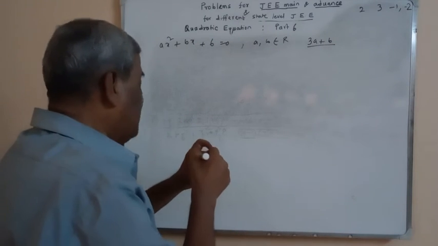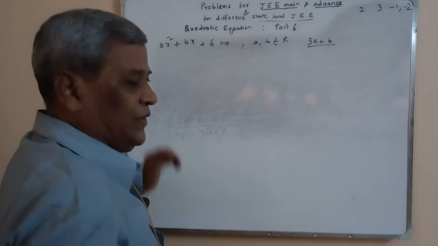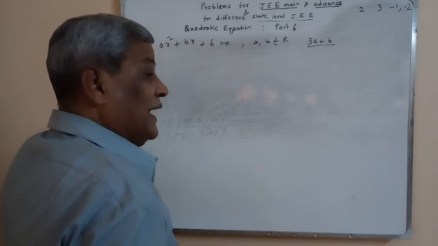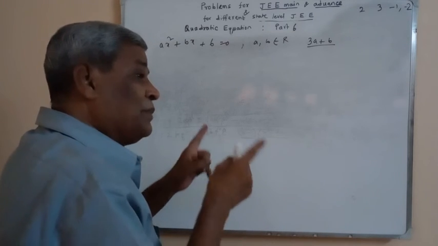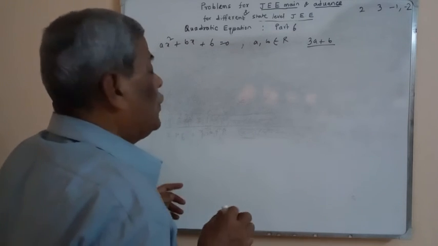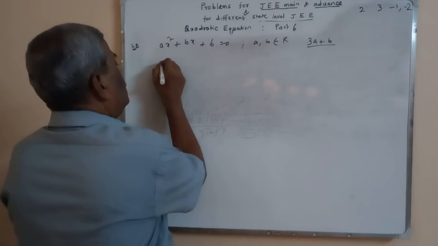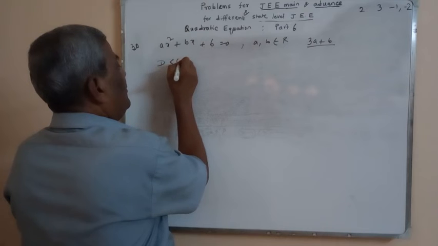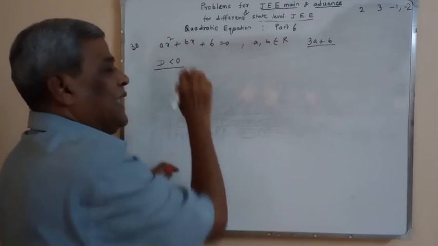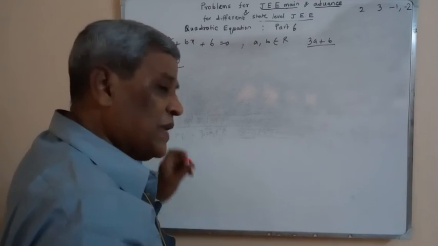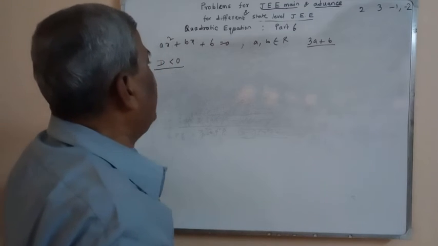So we have a quadratic equation, and given that it does not have real roots, its roots are imaginary, so its discriminant is negative.